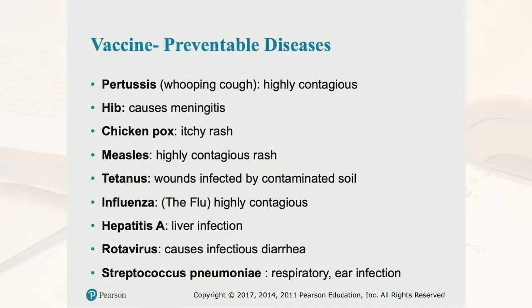So we have talked about vaccinations and again, a family's choice, and consult a medical professional about that. However, I did want to make you aware of the vaccinations that can prevent diseases, and one of them is the pertussis vaccination, also known as whooping cough, which is very highly contagious. As I go through these vaccinations, you might have heard of them in the past.